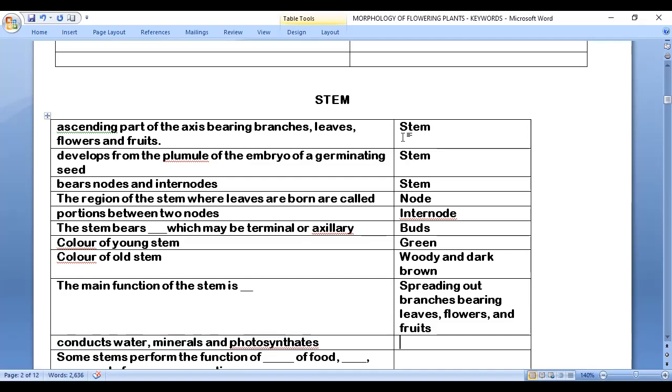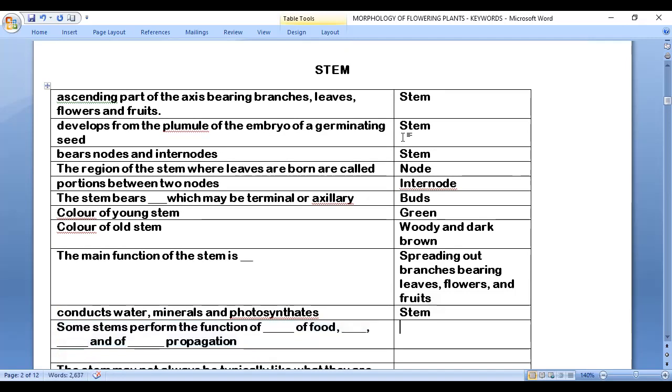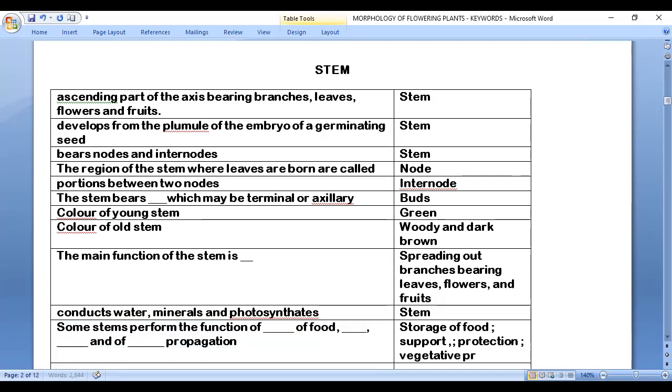It conducts water, minerals and photosynthates. Some stems perform the functions of storage of food, support, protection and vegetative propagation.